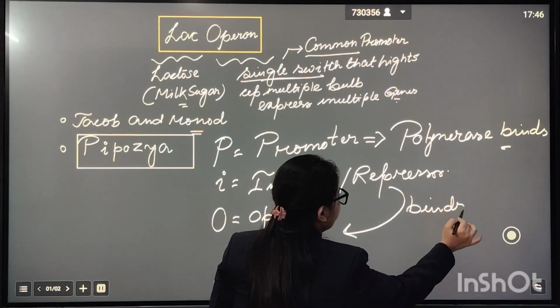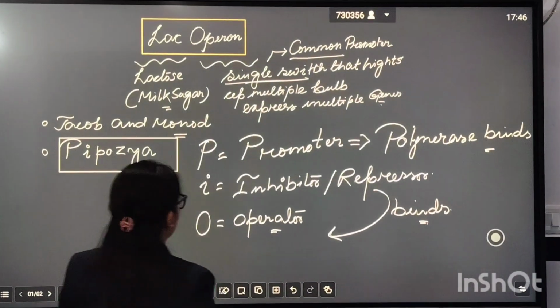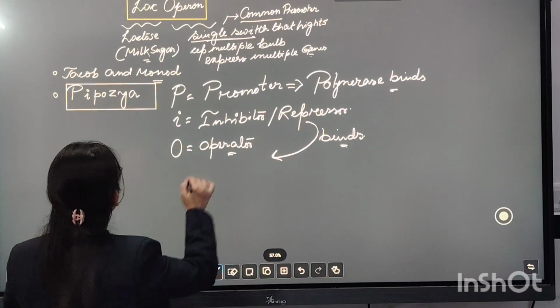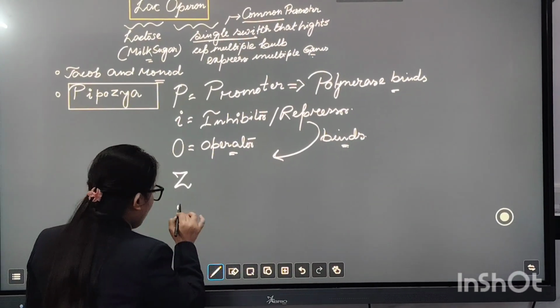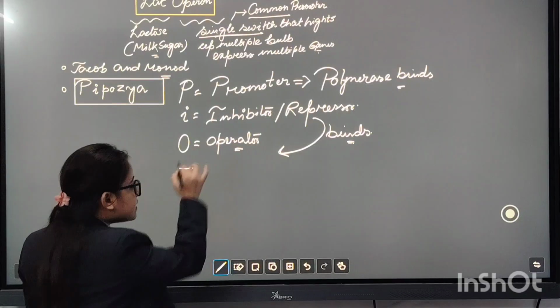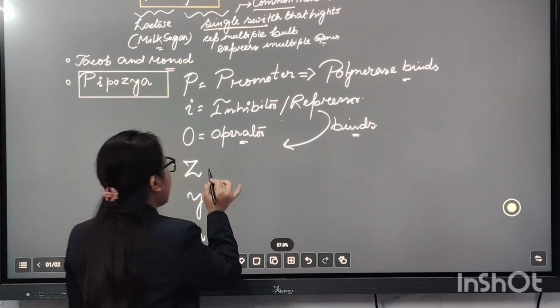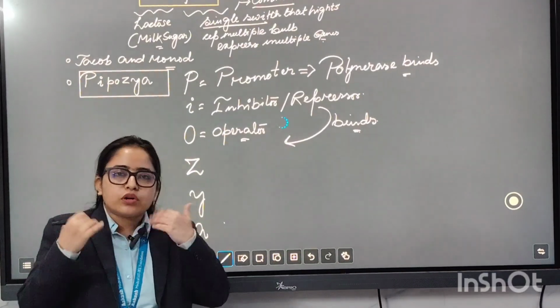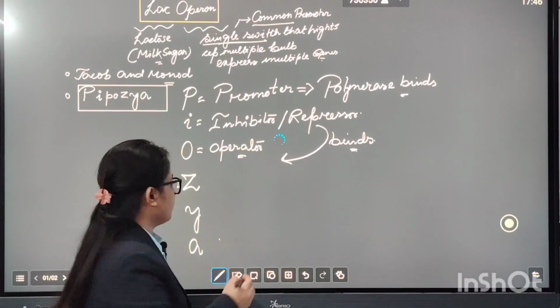Now, if I talk about this Z, Y and A, in the lac operon these are structural genes that code for various enzymes.